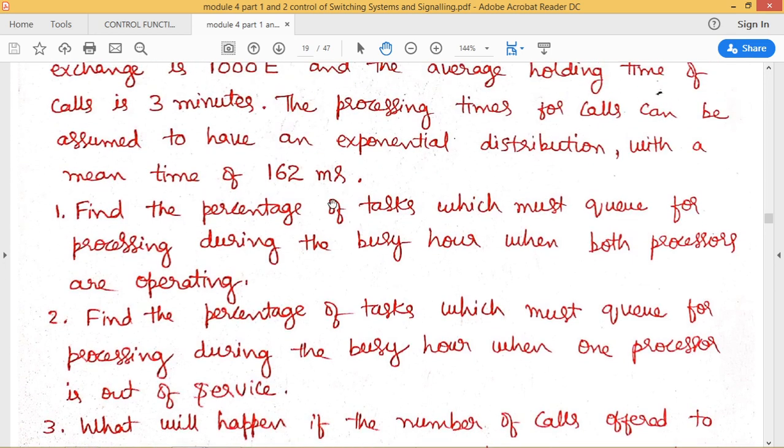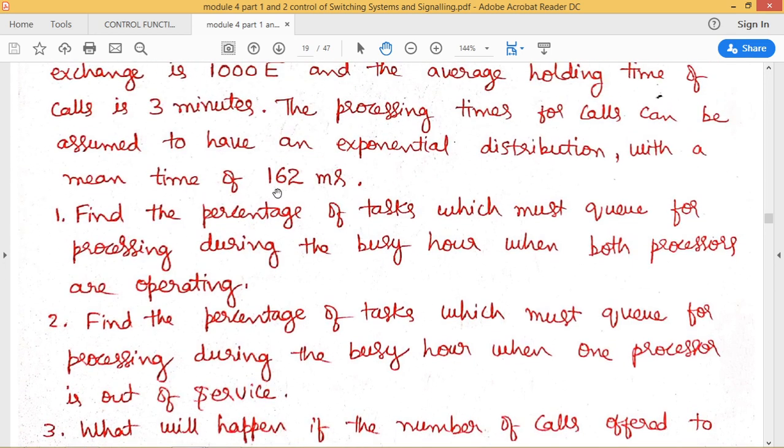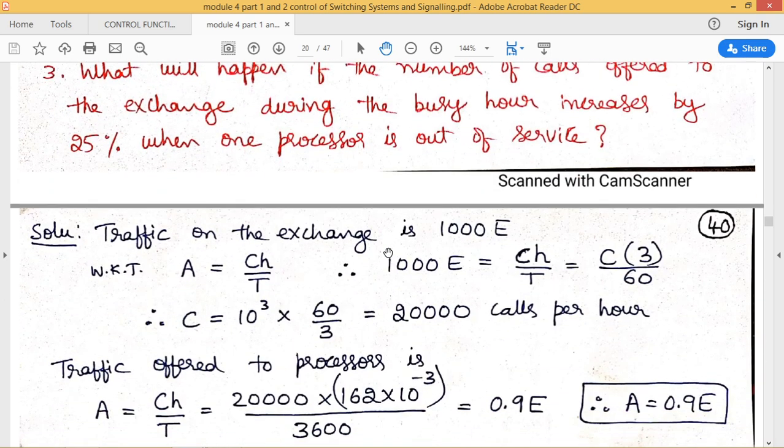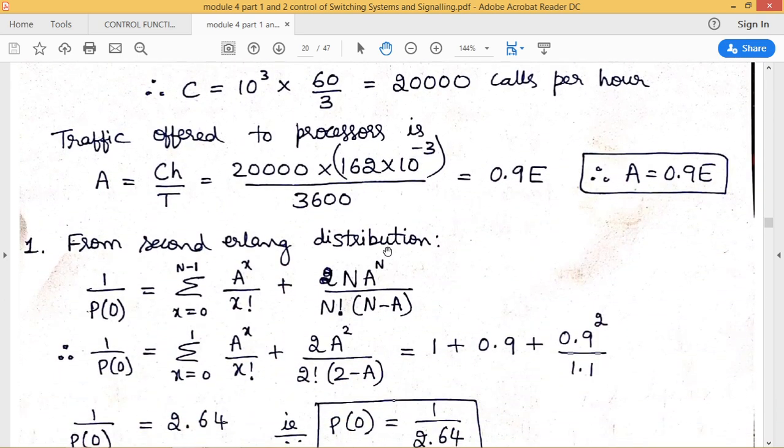That is the mean call processing time. If I substitute, with the total duration T being 3600 seconds for the busy hour, we end up with 0.9 Erlang. So the offered traffic for each processor is 0.9 Erlang.